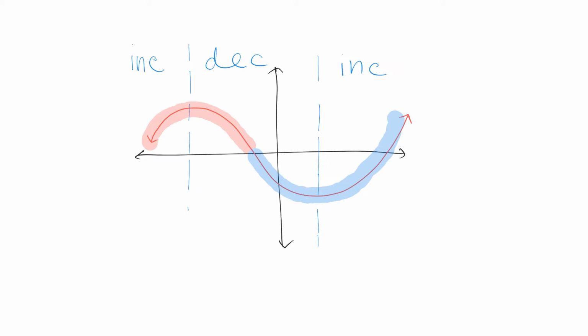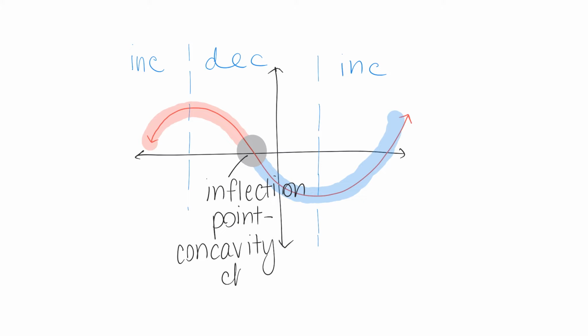So the place where concavity changes is called the inflection point. It's where concavity changes. All right, that's our inflection point. It tells me where I switch from concave up to concave down.